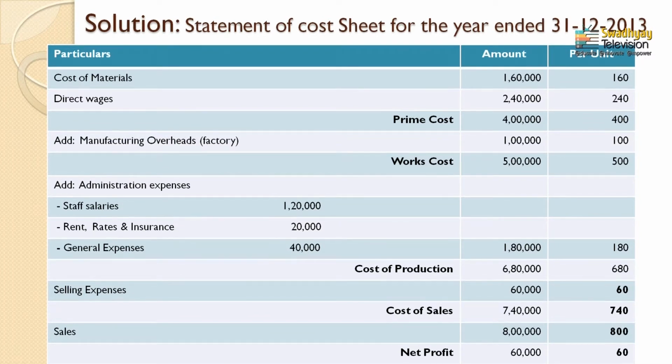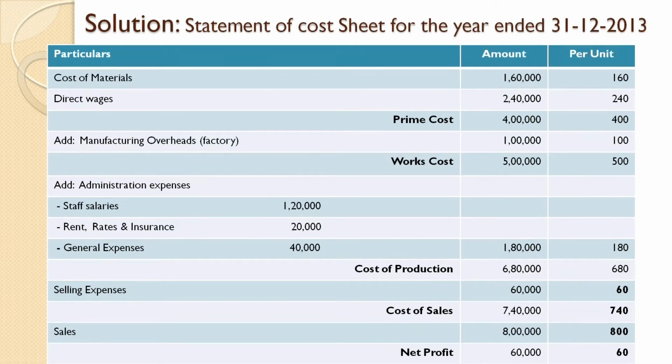We need to find out the per unit cost also for admin expenses, so it will be divided by the number of units manufactured in the year 2013. It comes to 180 rupees because 1000 units were manufactured in 2013.